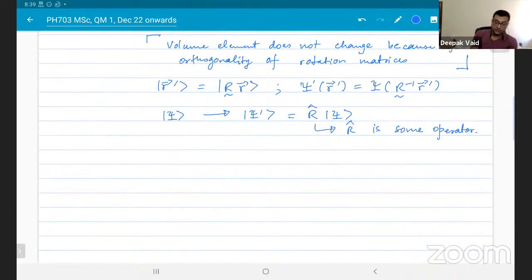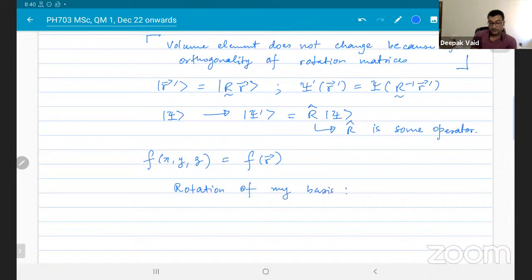See, one way to understand this is imagine you have some function f of x, y, z. Okay? I can write that as f of r. Now I perform a rotation of my basis, right?